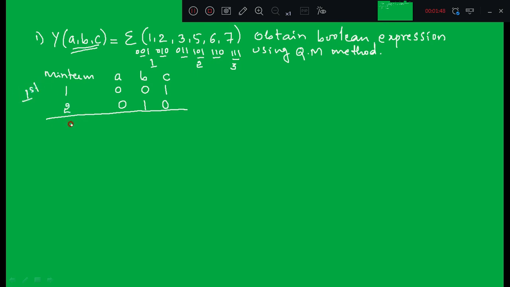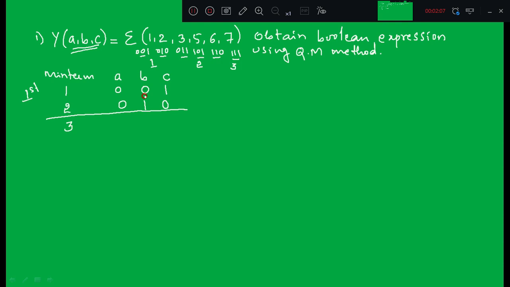Next, we'll take the minterms with two ones. Next minterm is 3, 011. Next, 5, 101, and 6, 110. These minterms are arranged in ascending order of the number of ones in their binary equivalents.